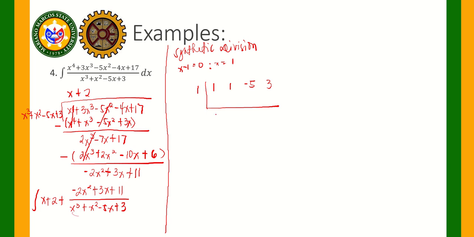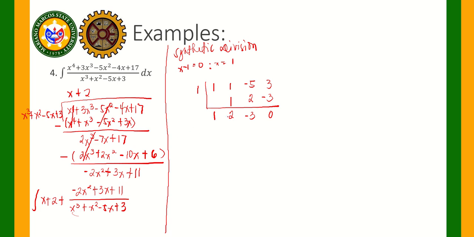So, bring down 1. So, 1 times 1, that is equal to 1. 1 plus 1, that is 2. 1 times 2, that is equal to 2. And negative 5 plus 2, that is equal to negative 3. Negative 3 times 1, that is negative 3. 3 minus 3, that is equal to 0. This means that since the remainder is 0, x minus 1 is a factor of the denominator.